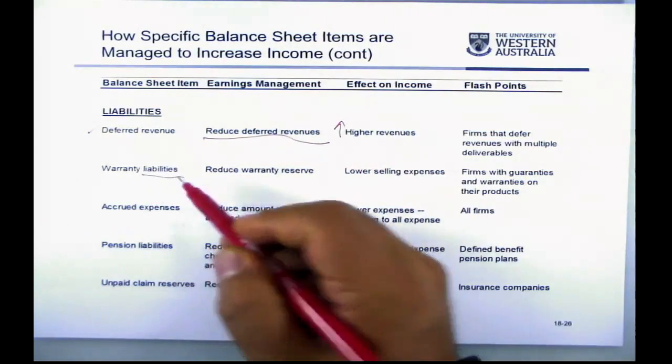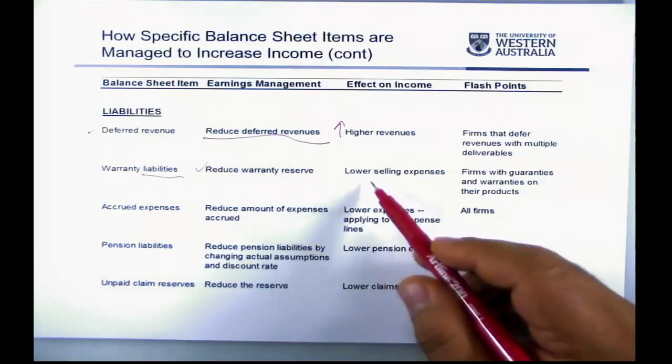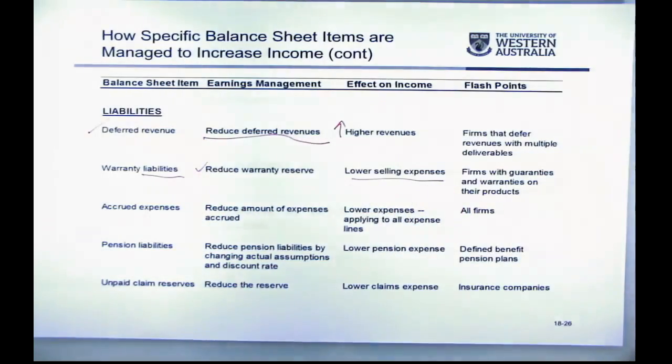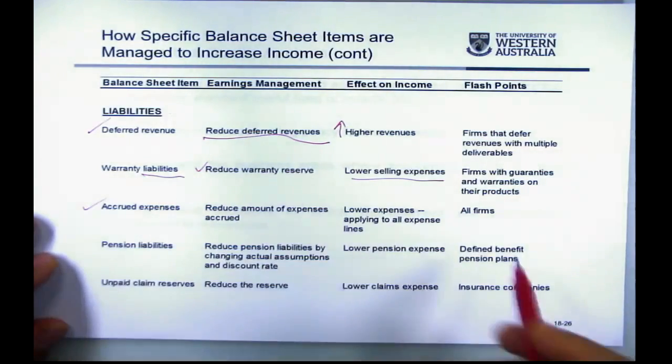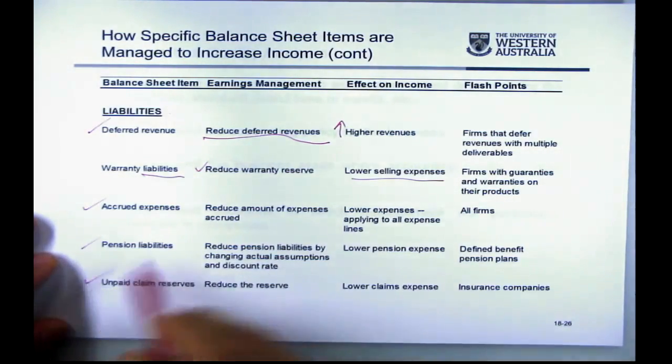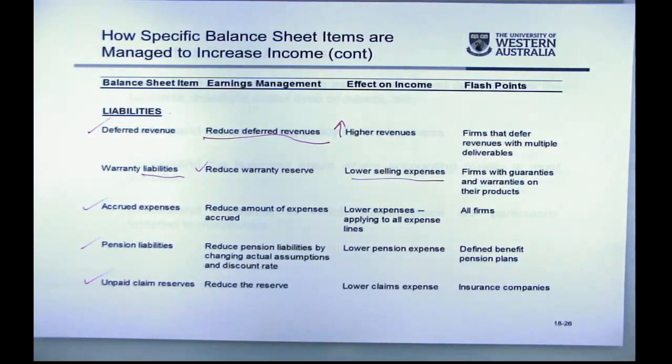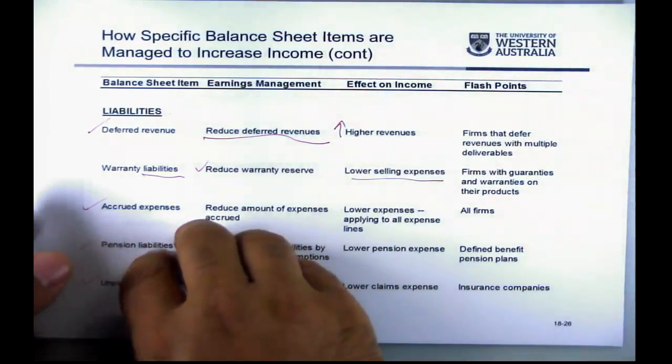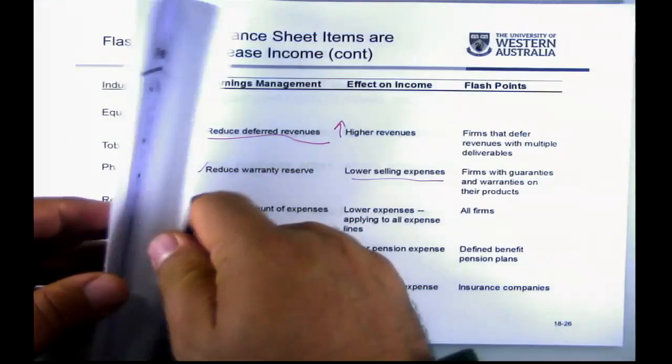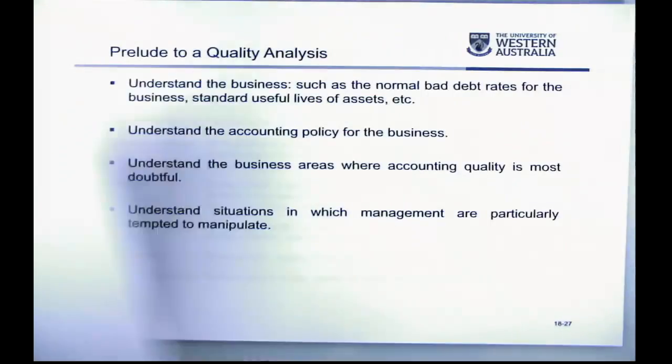Warranty liabilities also could be reduced in order to lower the associated expense. The same applies to accrued expenses, pension liabilities, and unpaid claim reserves. So these are the items that could be used by accountants in order to manipulate the statements and improve earnings.